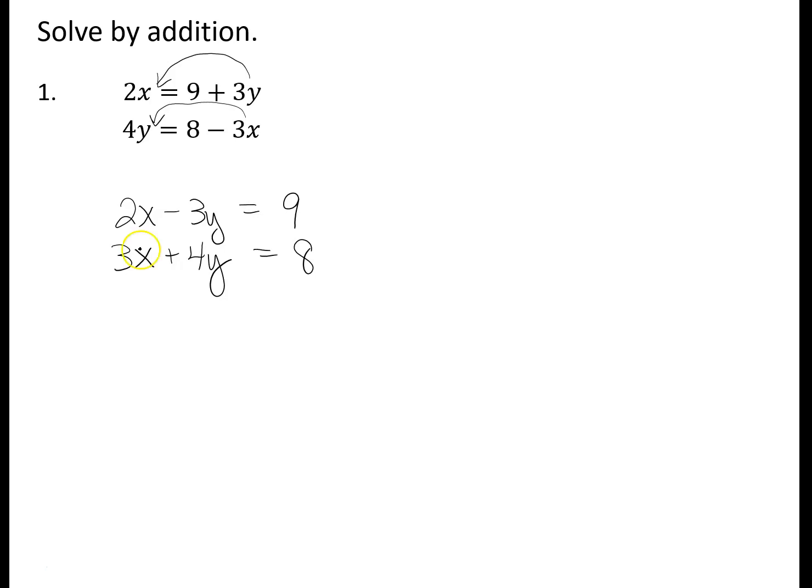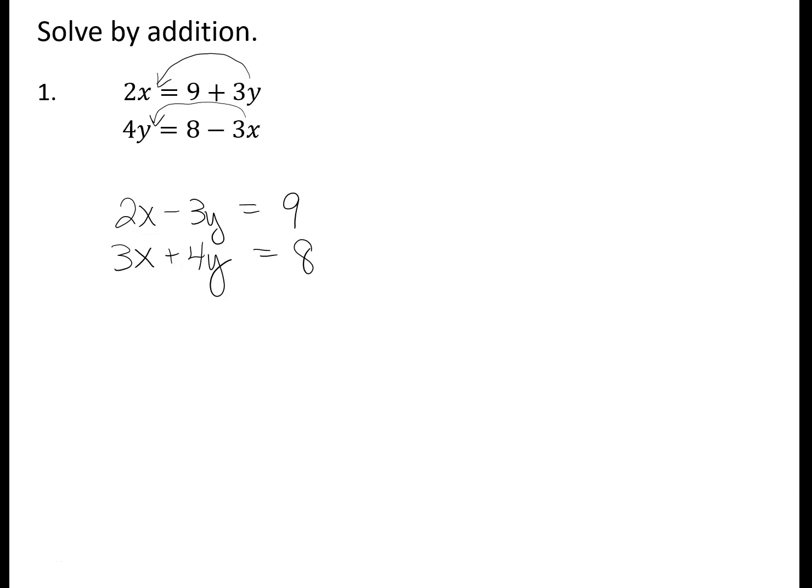So we look at the coefficients of x. We've got 2 and 3. And then y, we've got -3 and 4. So we do not have opposites right now, which means we're going to have to multiply by a number to cause that to happen. It doesn't matter whether we choose x or y.